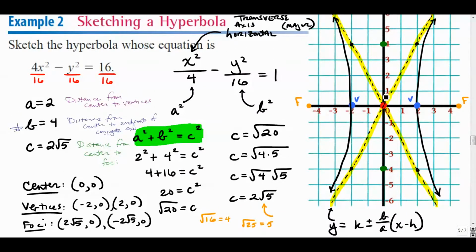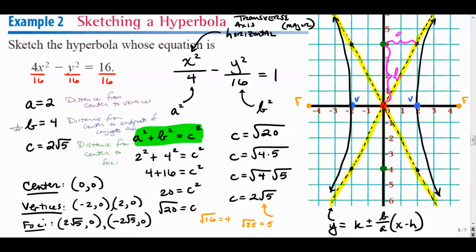It's going to be up. Let me use a different color here. Let me use maybe pink or something. So we're going to go up, and that is b units. The distance from the center to that green point is b units. So that's the rise over run. Run in this case is the distance from the center to the vertex, which is a. So that's why we get b over a.